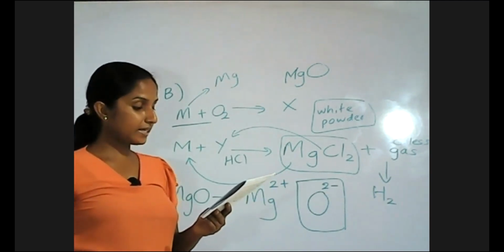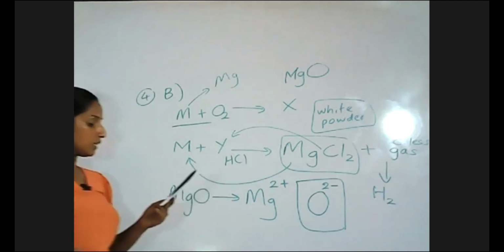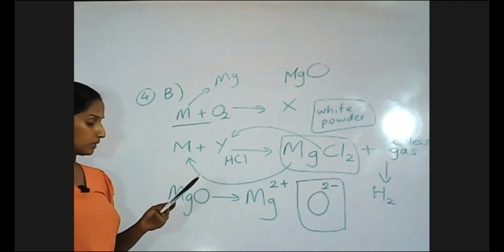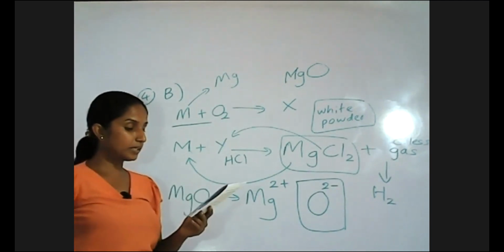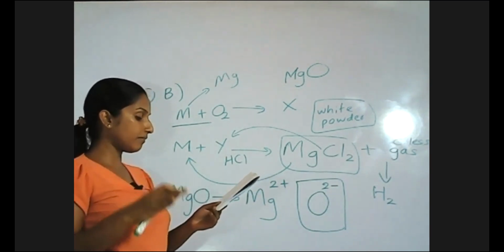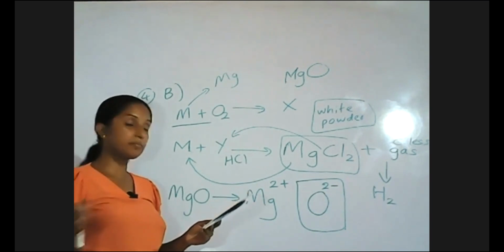Third one: X is sparingly soluble in water. Which color litmus papers give a color change when testing that aqueous solution with litmus papers?